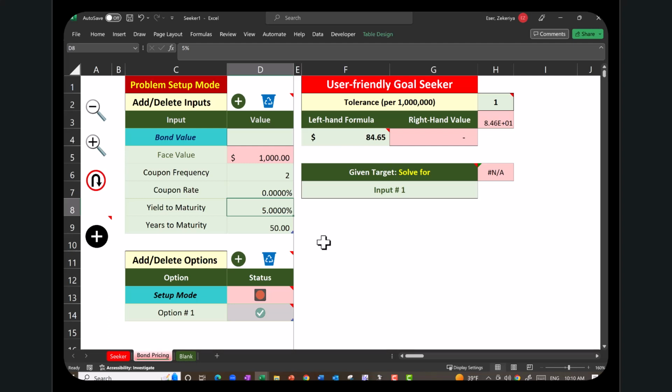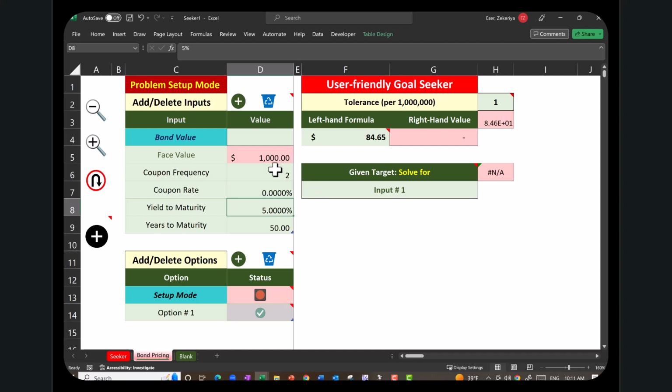In return, you basically twiddle your fingers for 50 years, and in 2030, since this was issued in 1980, you're gonna get $1,000. That's it. This is a deeply discounted bond, right? But that doesn't mean it's necessarily bad.